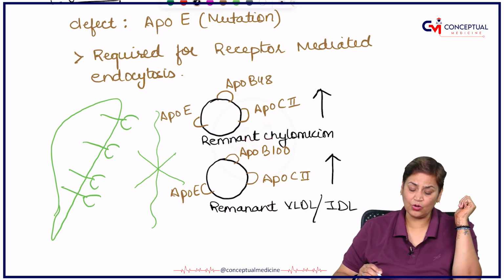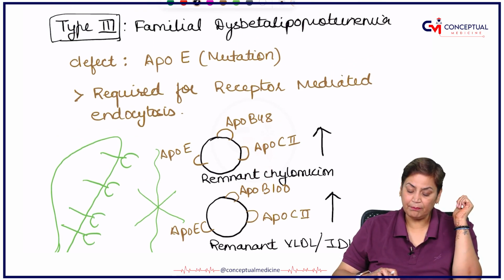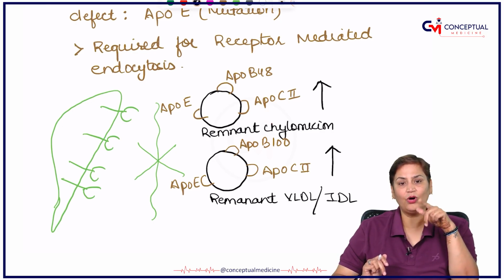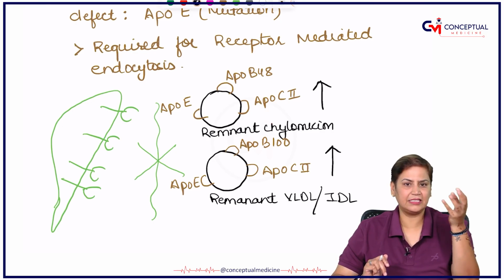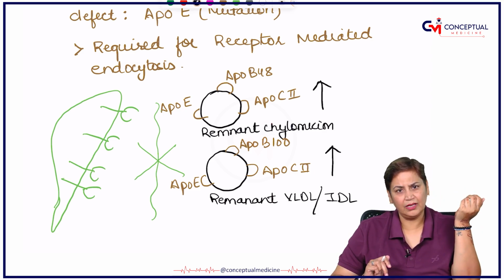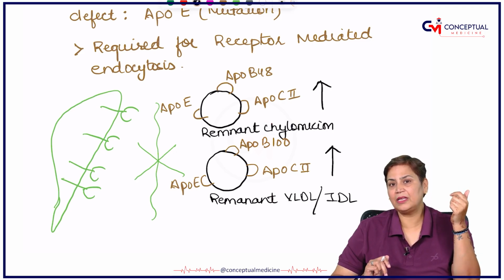Alright, that is why it is also known as dysbetalipoproteinemia. Why? Because IDL or VLDL, as we have studied in electrophoretic separation, is a beta lipoprotein. VLDL is pre-beta, IDL is broad beta.